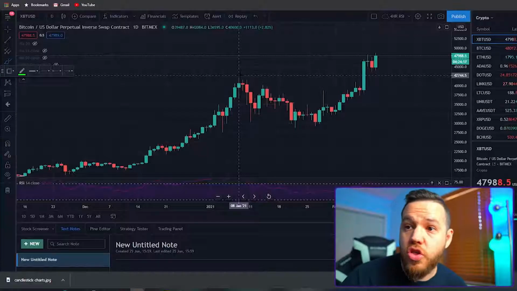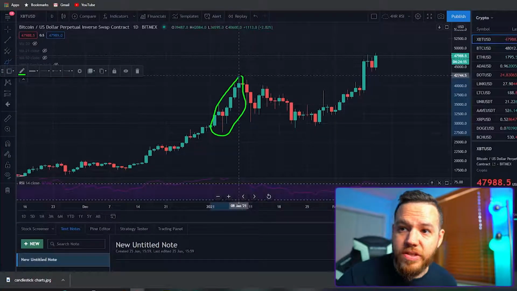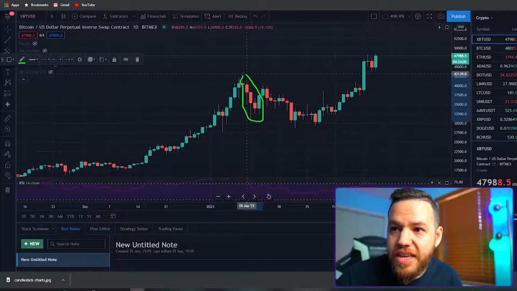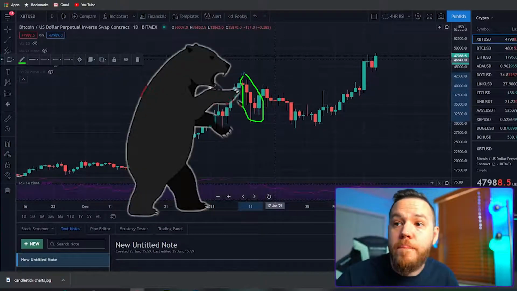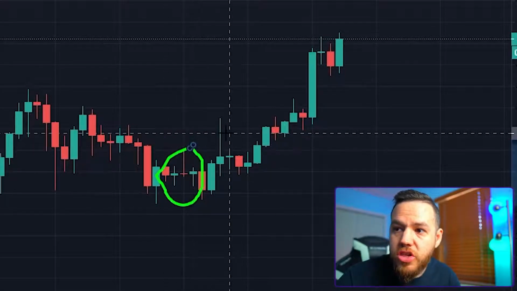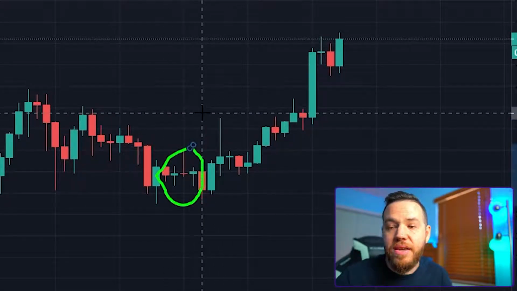When looking back at the chart now, you can see that these candles here were all bullish and pushing the price upwards. These candles here, the red ones, were all bearish and pushing the price down. Then of course we have some doji candles here, which means that the price was just opening and closing in the same exact area.